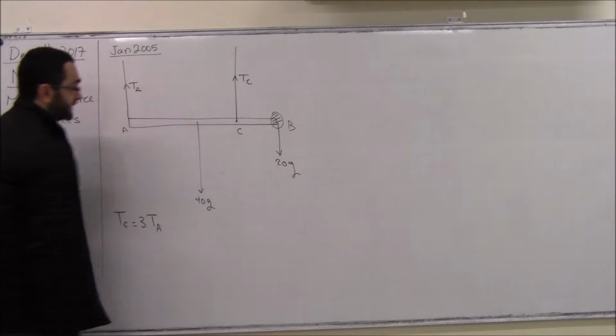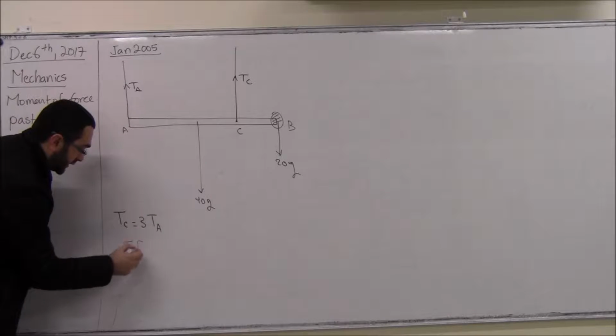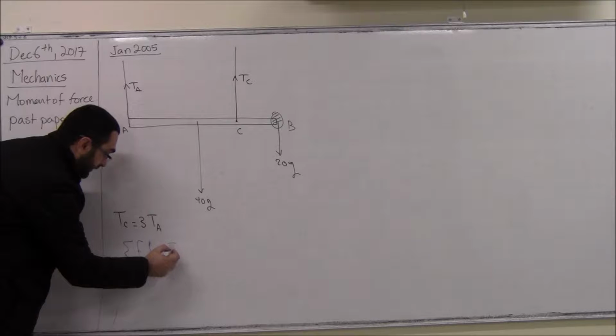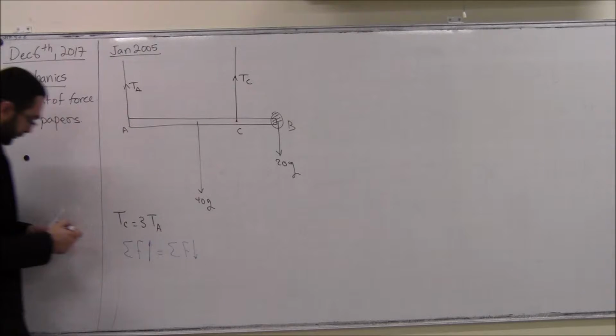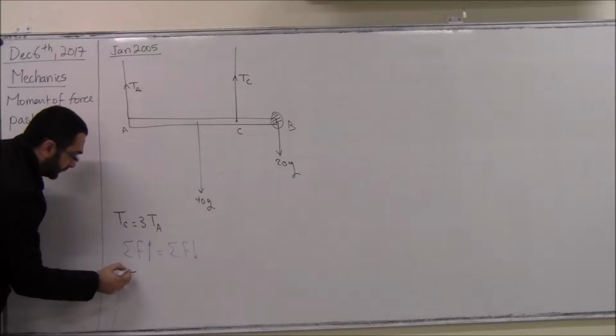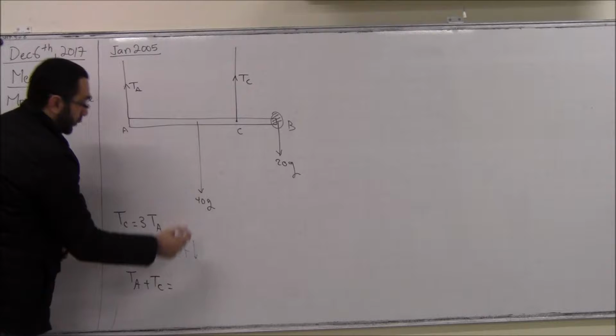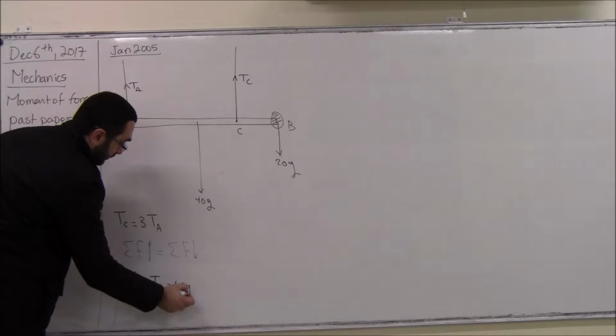To find the tension, first of all I have to take the sum of forces: the sum of forces upward equals the sum of forces downward. Forces upward: TA plus TC equals 40 g plus 20 g.